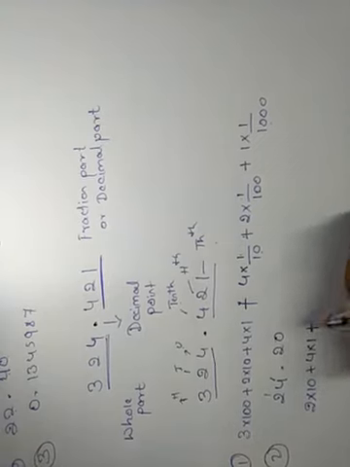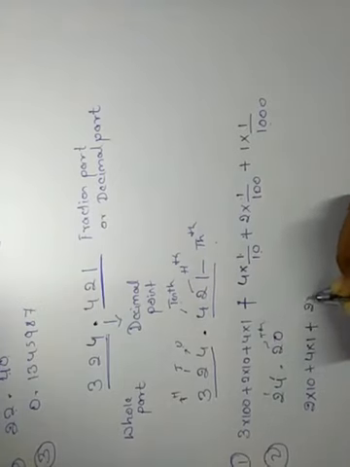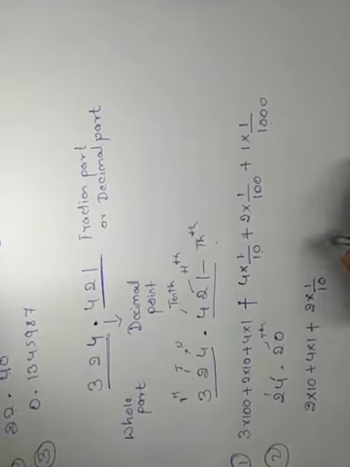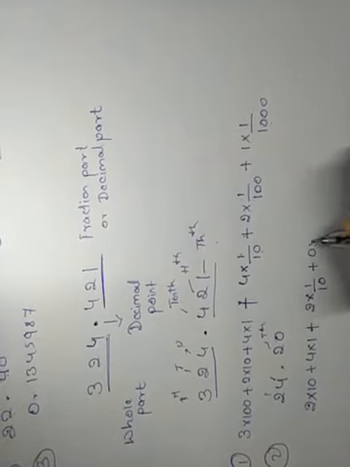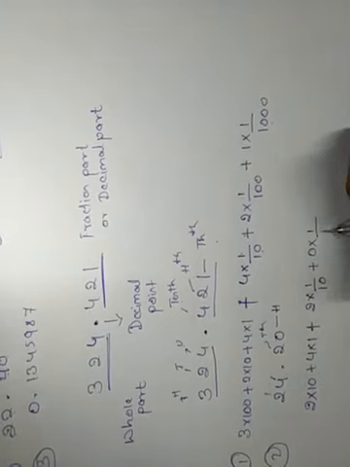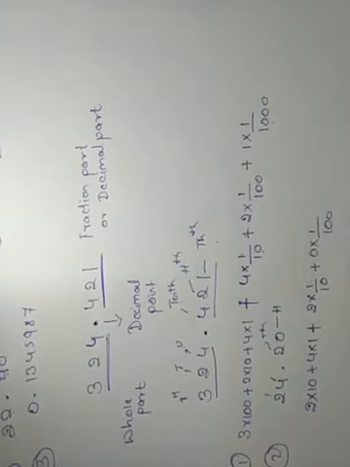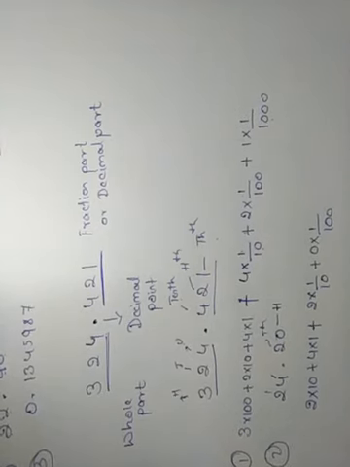Again plus, 2 is in the tenth place, so 2 into 1 divided by 10, plus 0 is in the hundredth place, so 1 divided by 100. Right? Now this is how we have to write the expanded form.